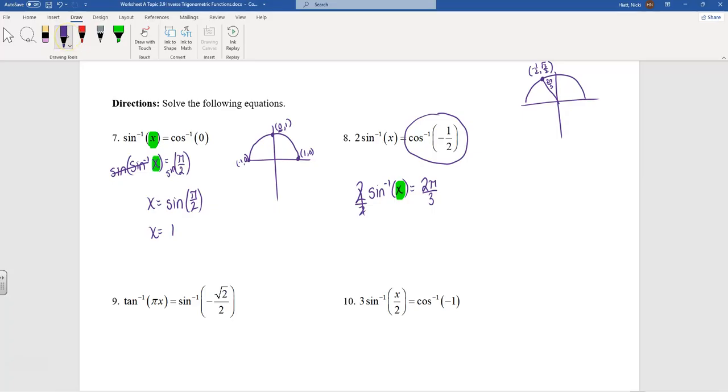Since this is already a fraction, I like to multiply by 1/2. It's the same as dividing by 2. If you do that, you will get 2 pi over 6, but that reduces to pi over 3. So now we're looking at sine inverse of x equals pi over 3.